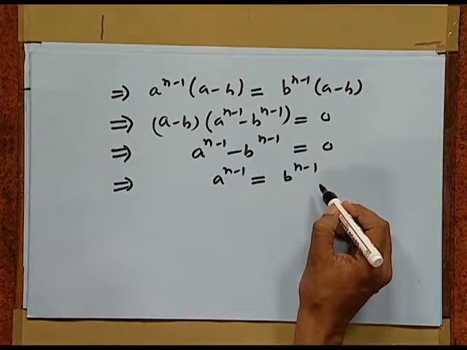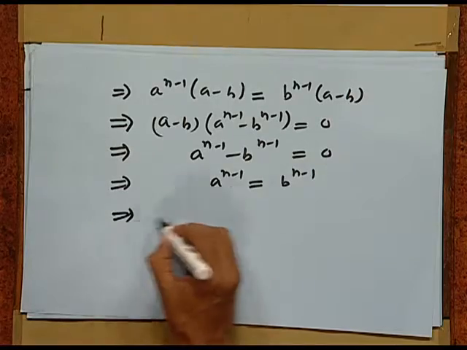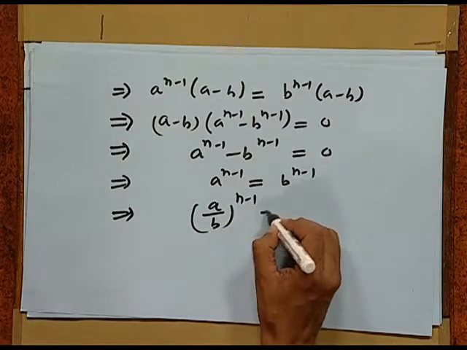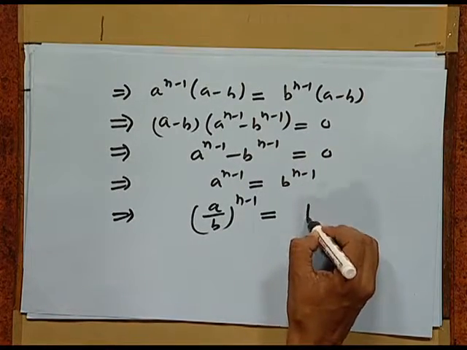Now, since we have assumed that A is not equal to B, neither of them can be 0, because if B is 0, A is 0 and vice versa. So neither B is 0 nor A is 0. So, we can write this as (A upon B) raised to power n minus 1 is equal to 1.